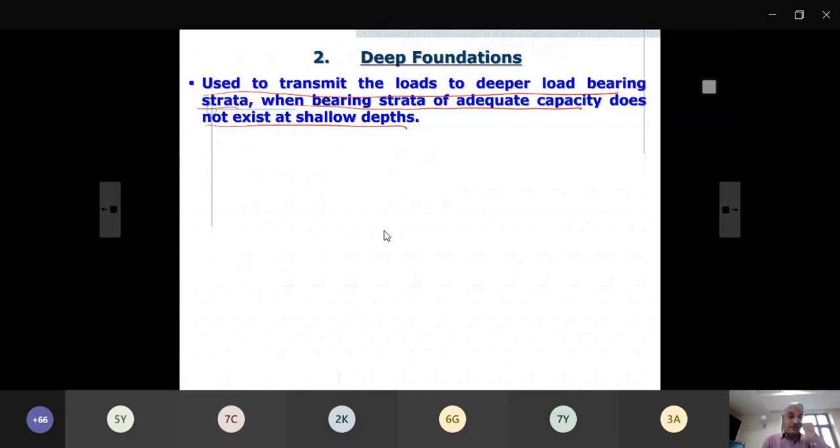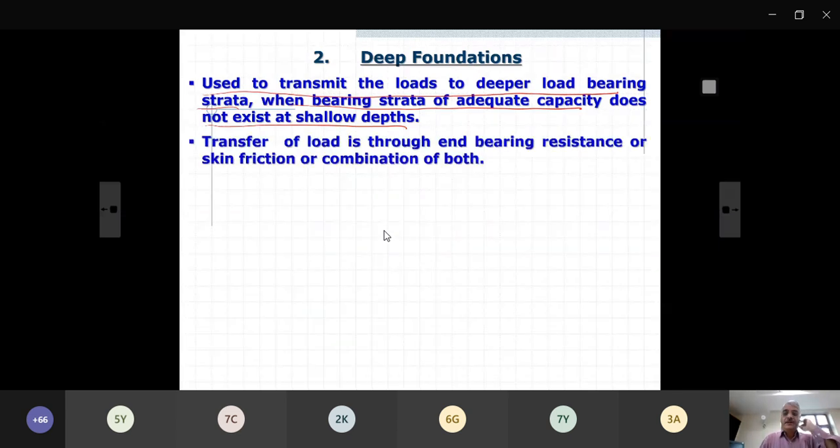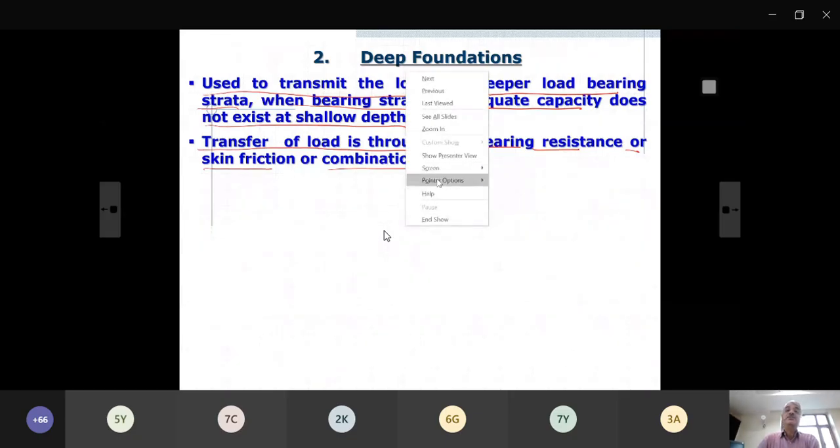At shallow depth, whatever is your load and whatever is the required load bearing capacity, you are not getting it, then most of the time the choice is you go deeper, and there your transfer of load is through end bearing resistance or skin friction or both. It can be point resistance at the tip of your foundation, or it can be through skin friction around the shaft of the foundation, or it can be a combination of both.